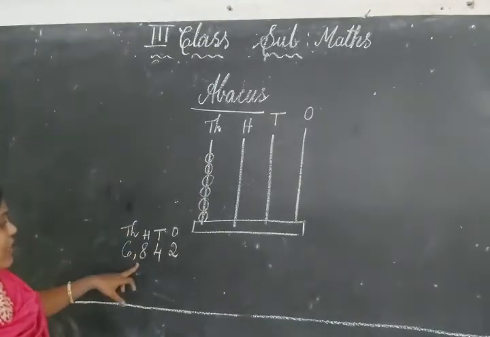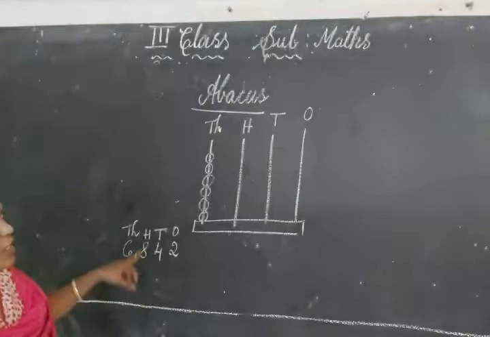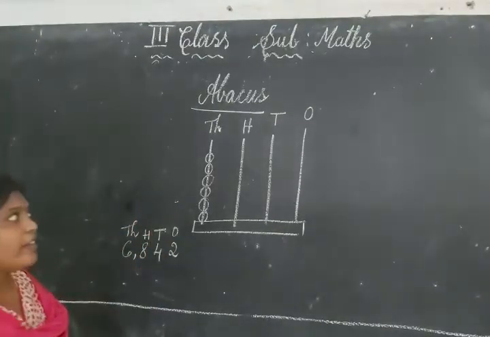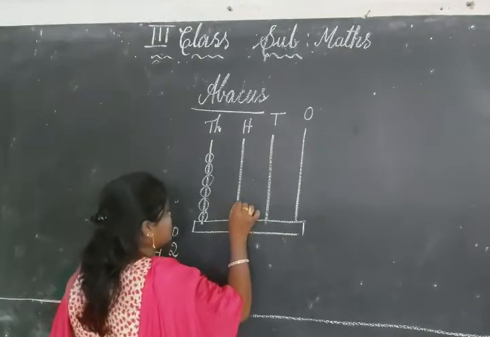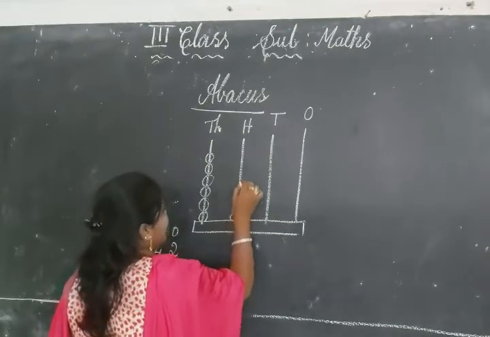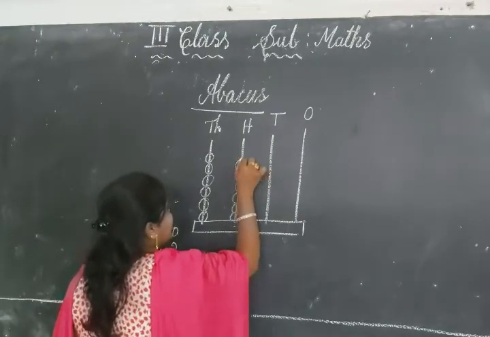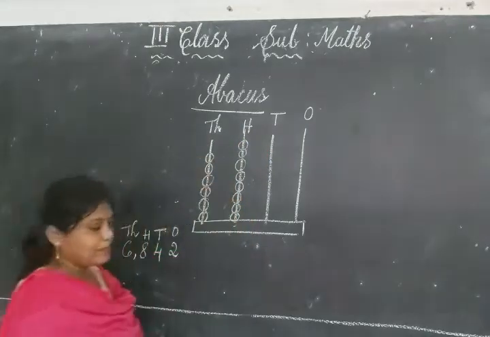Now, what is the number in hundreds place? It is 8. So, draw 8 beads on hundreds rod. 1, 2, 3, 4, 5, 6, 7 and 8.